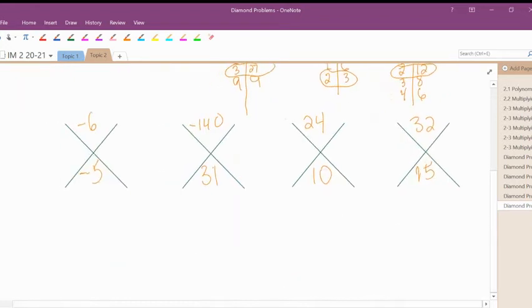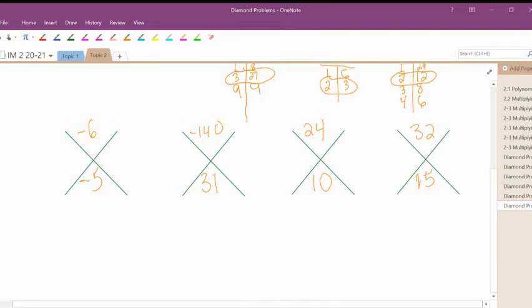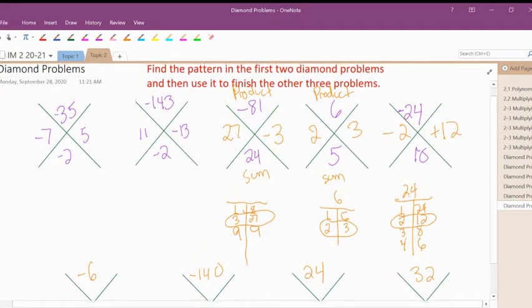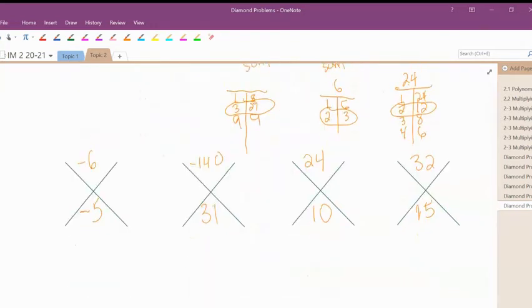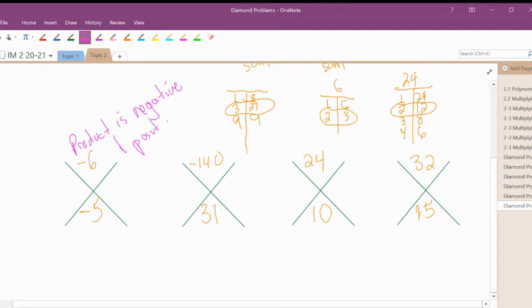So let's do a couple more of these, just so we know what we're doing here. So negative 5 and negative 6 and negative 5. Is that just like the one up here? Those are both positive, these are both negative. If the product is negative, then we have one positive and one negative.